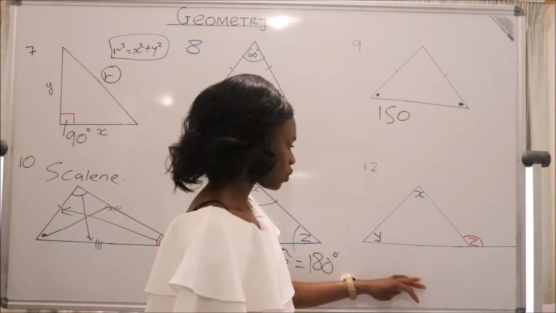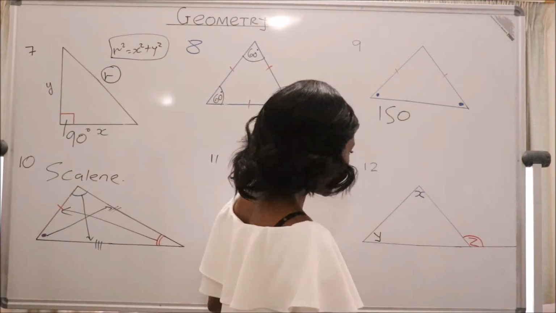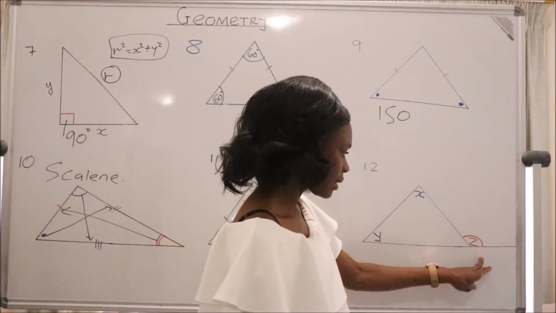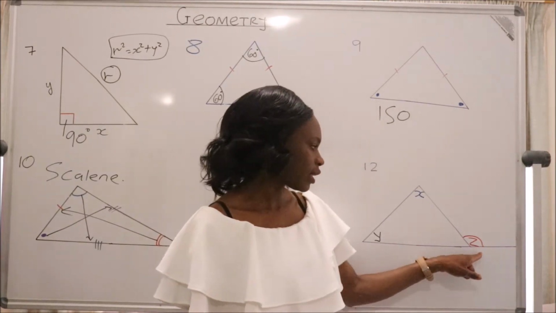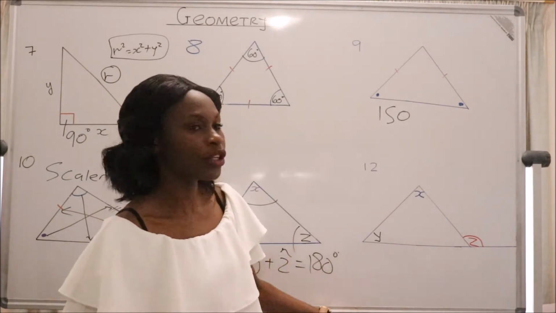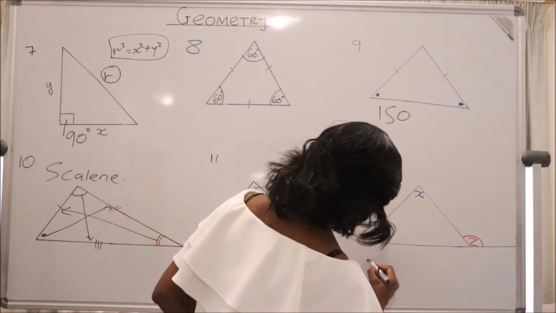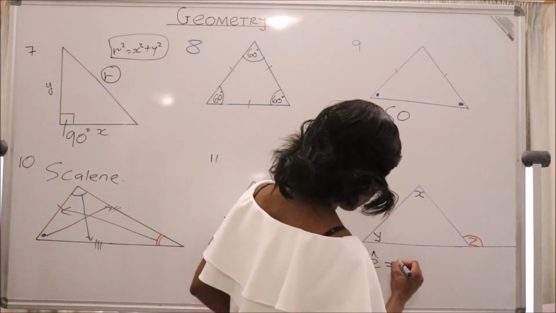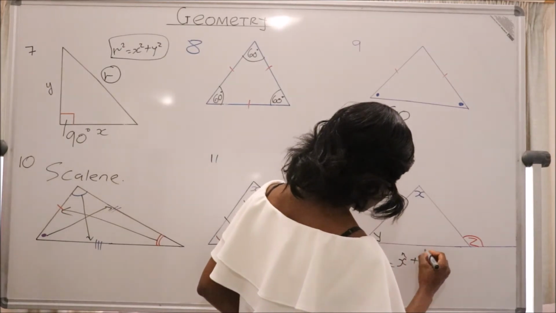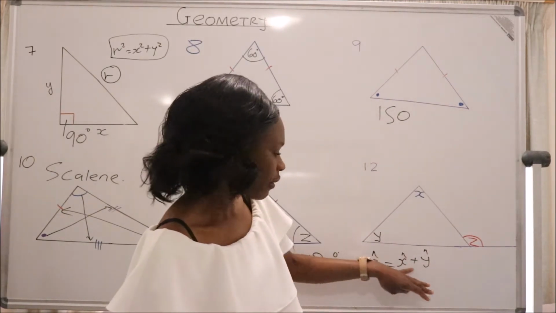Then moving on to the 12th shape, which is this one, we have angles x, y, z, and z is outside the triangle. So this z here, according to geometry, the angle z is equal to the sum of x and y.